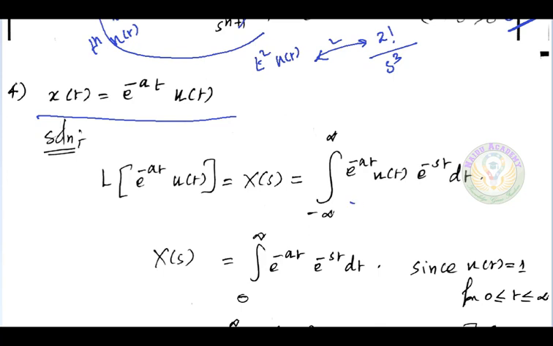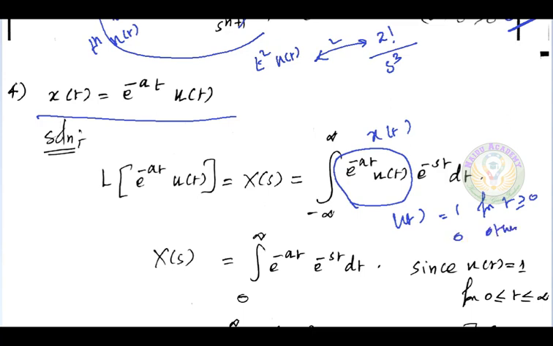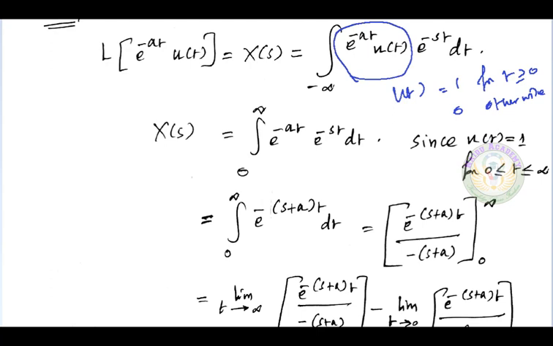And again in your Laplace transform general definition, you are going to substitute this instead of x of t. And again u of t, we know that u of t is 1 for t greater than or equal to 0, 0 otherwise. So naturally the limit changes to 0 to infinity, and instead of u of t you substitute 1, and you just combine the exponents.